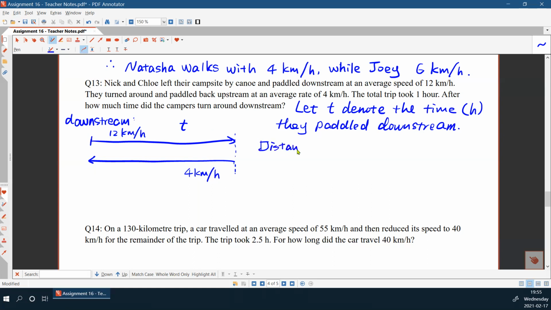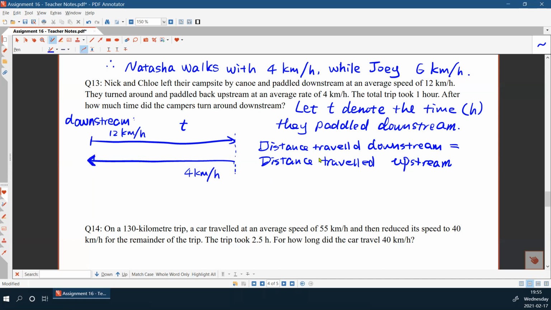Distance traveled downstream equals the distance traveled upstream, right? Because it says they paddled back to the original point here.